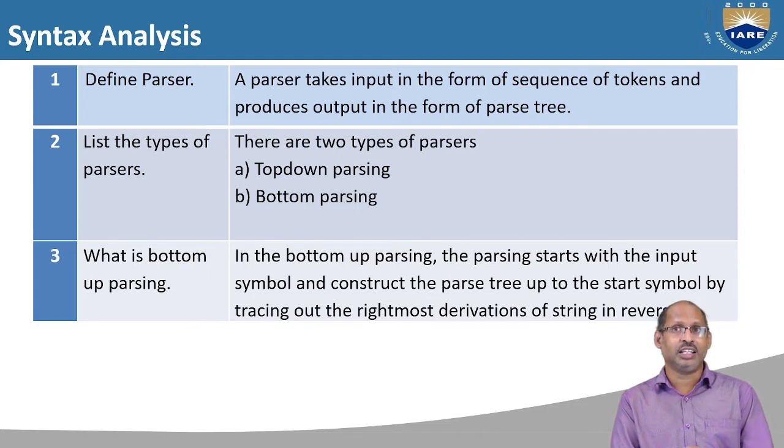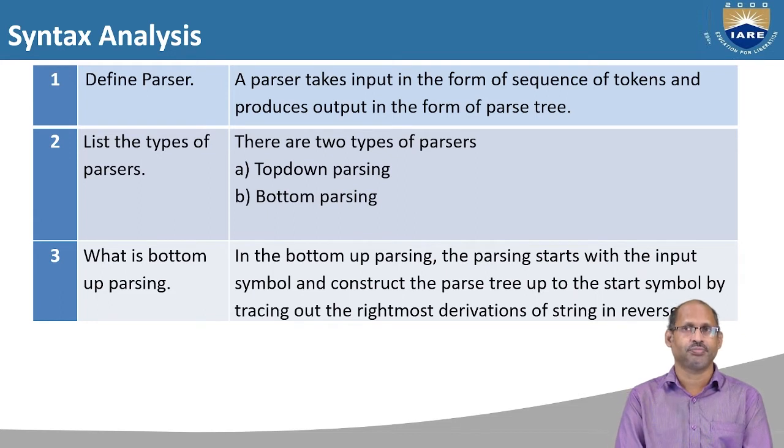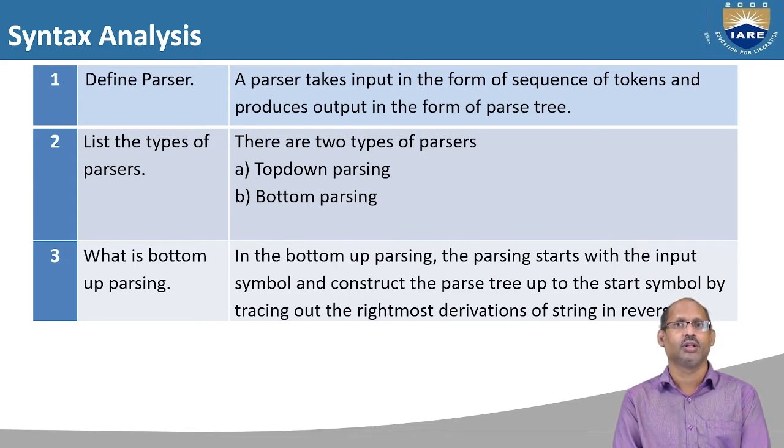Then we check once again whether these non-terminals and terminals match any right side of the productions, and replace them with the left side symbol, so that from the leaves or terminal symbols we construct the root. So that is the bottom-up parsing method. So what is parsing?